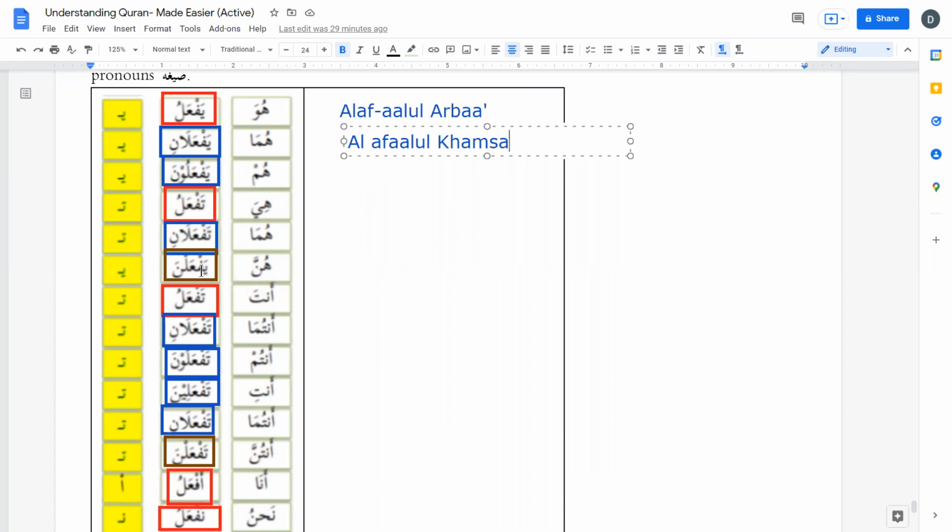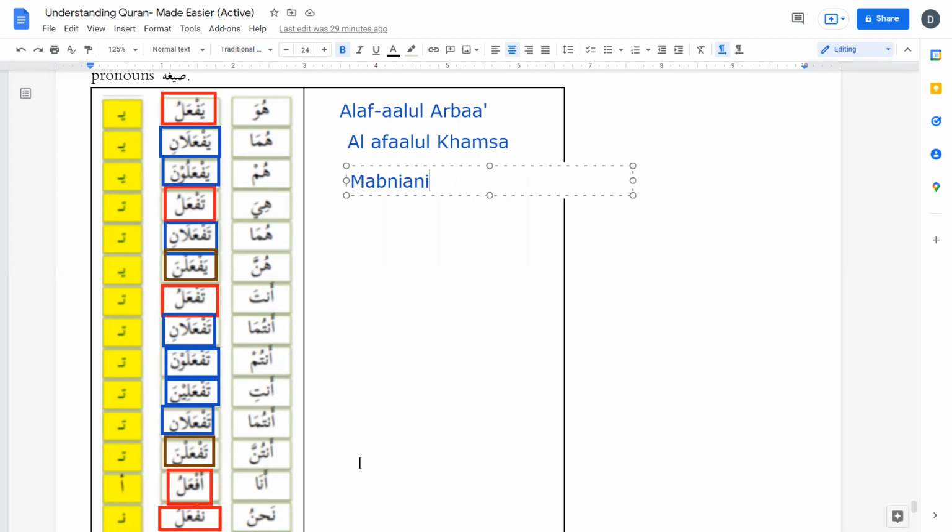Okay, and these two, the brown ones, hunna yaf'alna and antunna taf'alna, these are called mabniyan. So they have a different ending than the dual ending ani. So we have a third category, mabniyani, hunna and antunna.